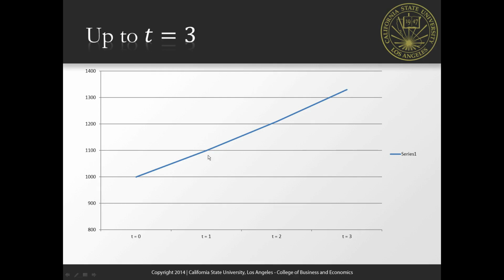Remember, in the examples, we started with 1,000 right here, and then we moved up to 1,100, 1,210, and now 1,331. Now, if we keep taking this out further, you can see right now it's a pretty straight line. So the increase in gains that we're getting is not a huge amount. In the first year, we made an extra $10 off of interest. In the second year, we made an extra $11 off of interest, and it just slowly kept growing.